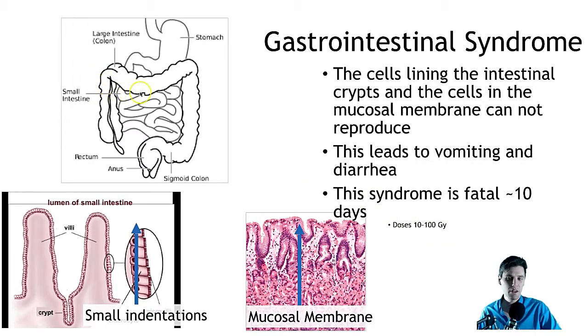Here's just a schematic of the intestine, and then inside of the intestine, there are linings and there are crypts, which are these small areas, basically indentations within the gut. And then there's a mucosal membrane, which is going over all of the inside of the gut.